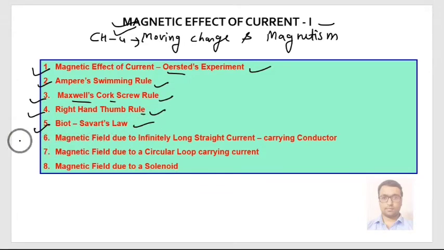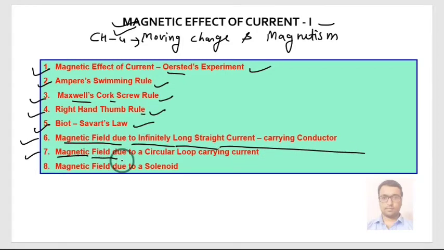After that we have topic number 6, that is magnetic field due to infinitely long straight current carrying conductor, or magnetic field due to a circular loop carrying some current. And the last topic is magnetic field due to a solenoid. All these topics come under magnetic effect of current.